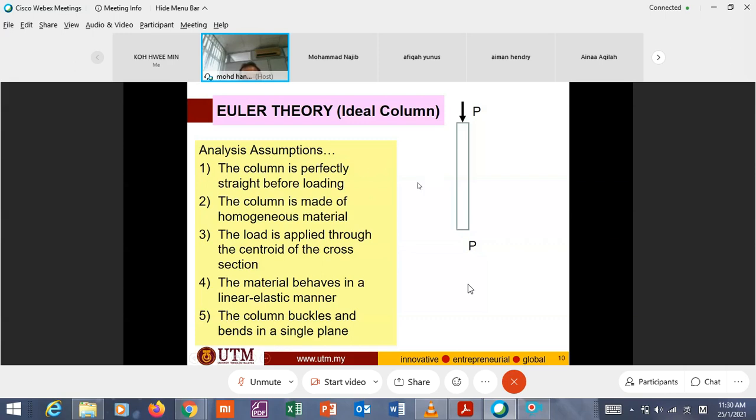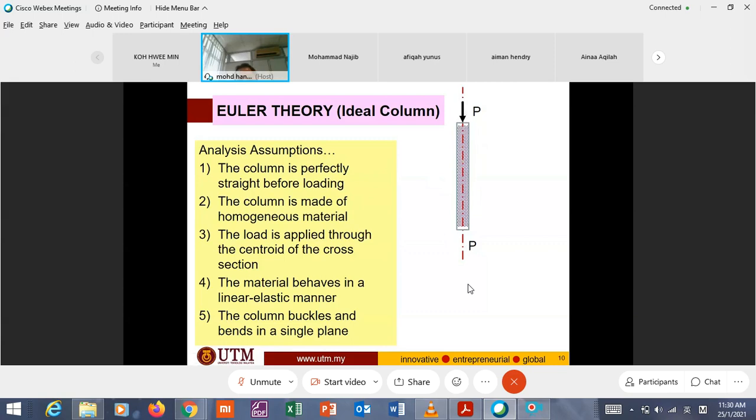Our assumption is that this is a column. Number 1, the column is perfectly straight, no bending or imperfection. Number 2, the column is made of homogeneous material.